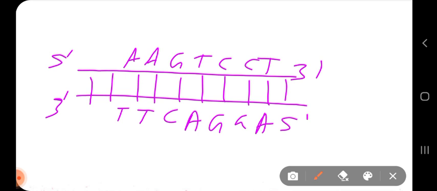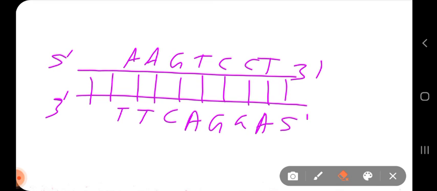Now suppose mutation occurs. Mutation means a change in the base pair within the DNA or within the RNA that causes a change in the formation of the protein product. So suppose this T region gets mutated, it gets replaced, or it gets deleted.